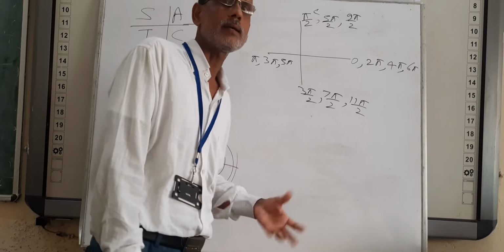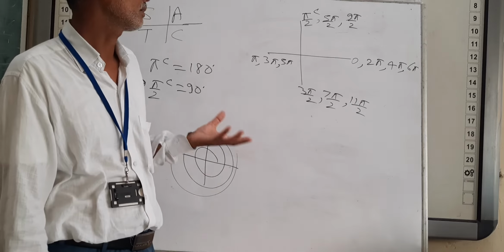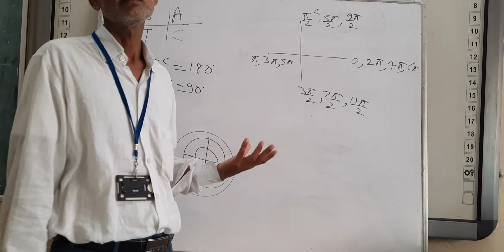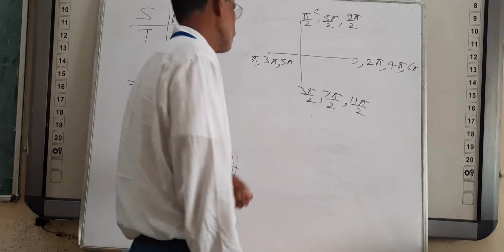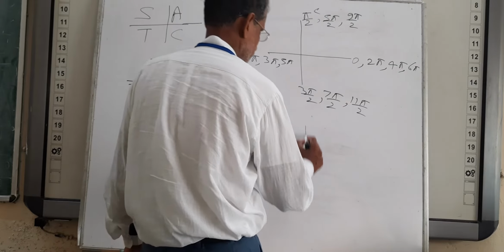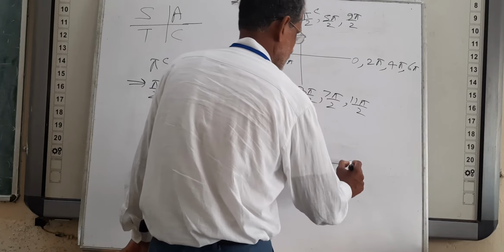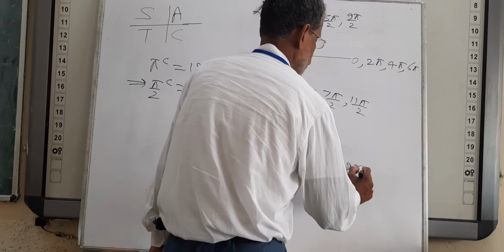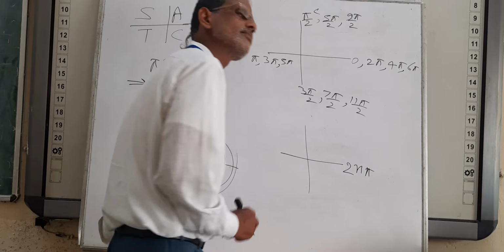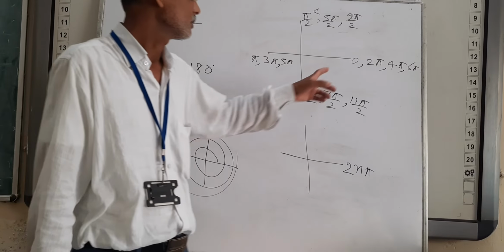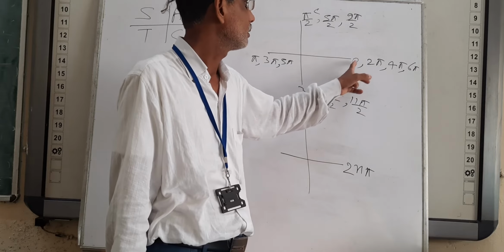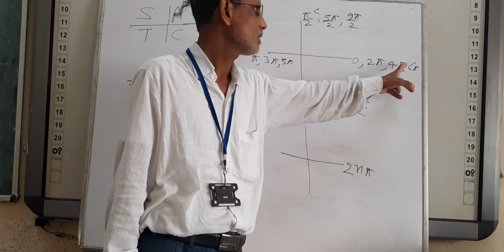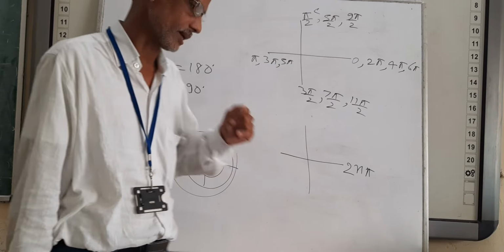If you apply the formula for Sn learned in class 10, you will find that this point can be written as 2n pi, even pi. You see here 0, 2 pi, 4 pi, 6 pi, that is even pi.